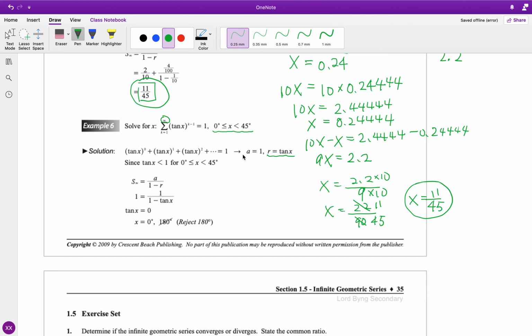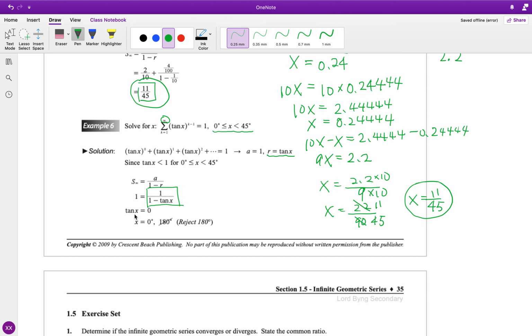And your first term will be 1 because k equals 1 becomes 0, and anything to the power of 0 is 1. Then when you approach infinity, this is your sum. And the sum equals 1.